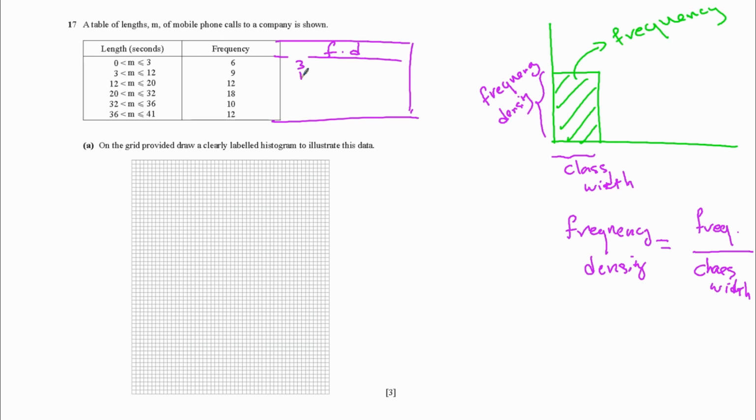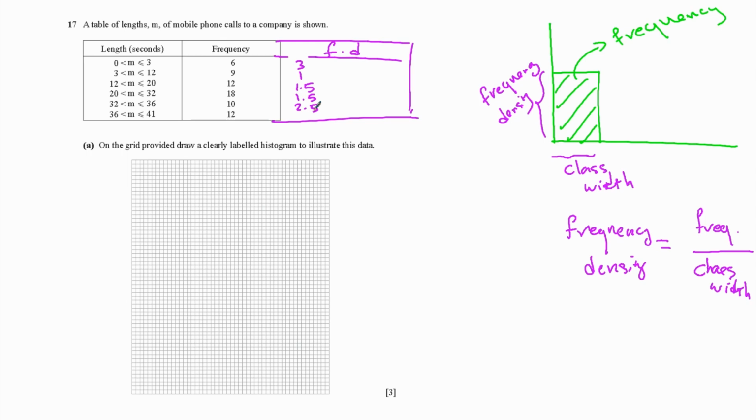The fourth one is 18 divided by 12, which simplified is again 1.5. Then 10 divided by 4, which is 2.5. And the last one is 12 divided by 5, which is 2.4.